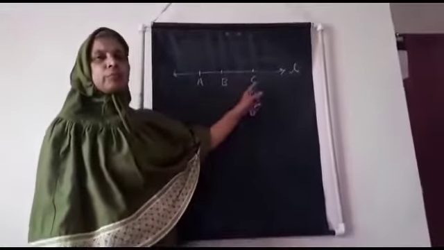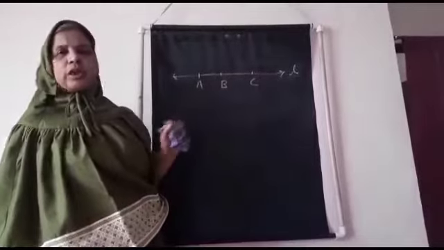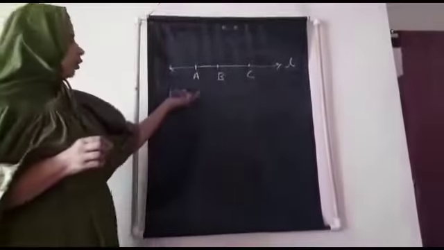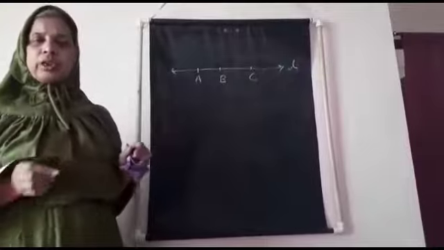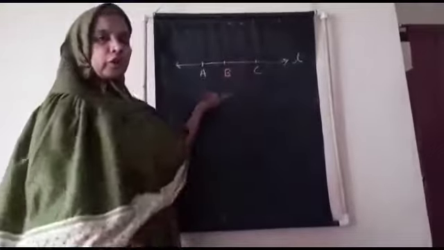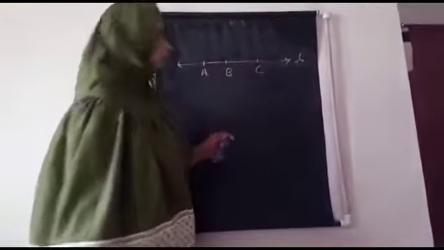Whenever points are given, how do we decide whether they are collinear or non-collinear? Here I am giving an illustration to understand this. Collinear points means the points lie on the same line, and non-collinear points means the points which are not on the same line.